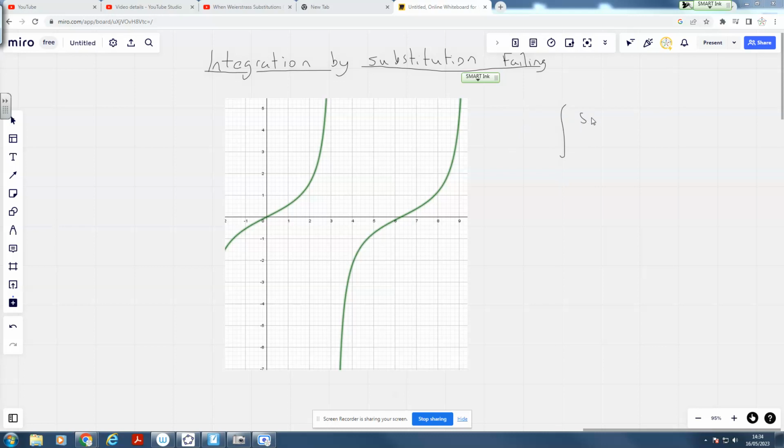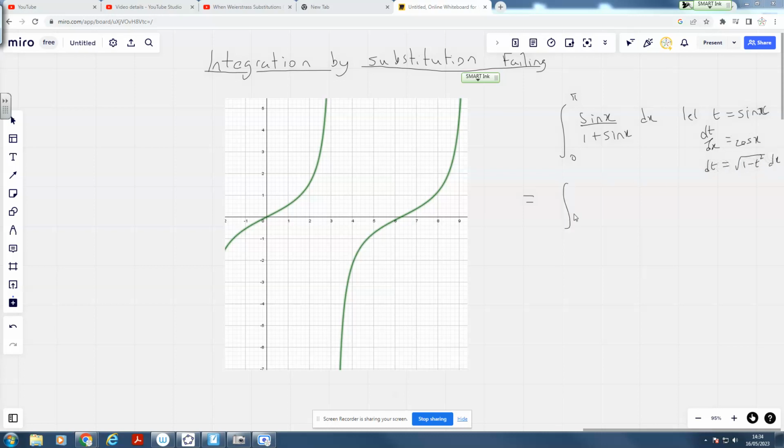I particularly like the example which you linked to of sine x over 1 plus sine x dx, between 0 and pi. If you say let t equal sine x, you're going to end up proving that that integral, which doesn't equal 0, equals 0, because we get dt by dx is cos x, and so dt is root 1 minus t squared dx.